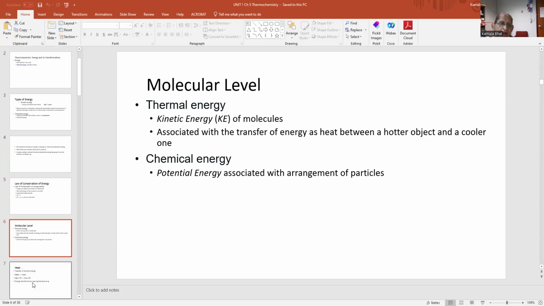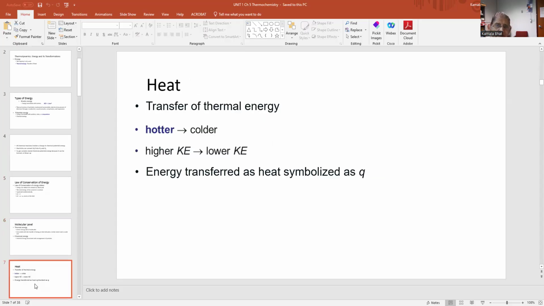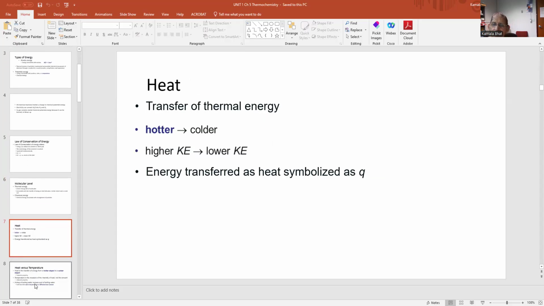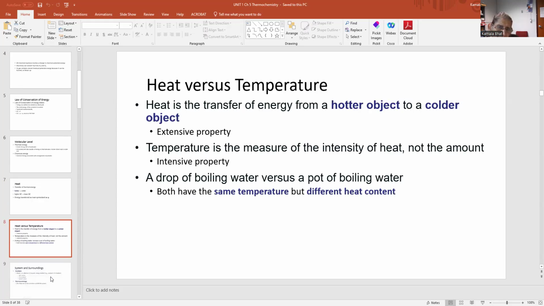And so we have the thermal energy at the molecular level, and the chemical potential energy is associated with the arrangement of particles that are there. Now, generally speaking, the transfer of thermal energy is always from hot to cold, higher kinetic energy to lower kinetic energy, and the amount of energy transferred is designated by the symbol Q.